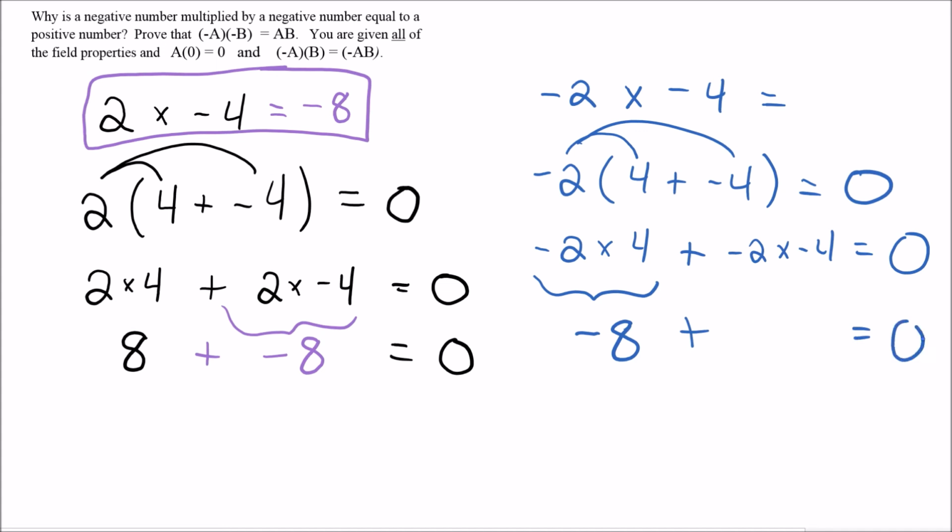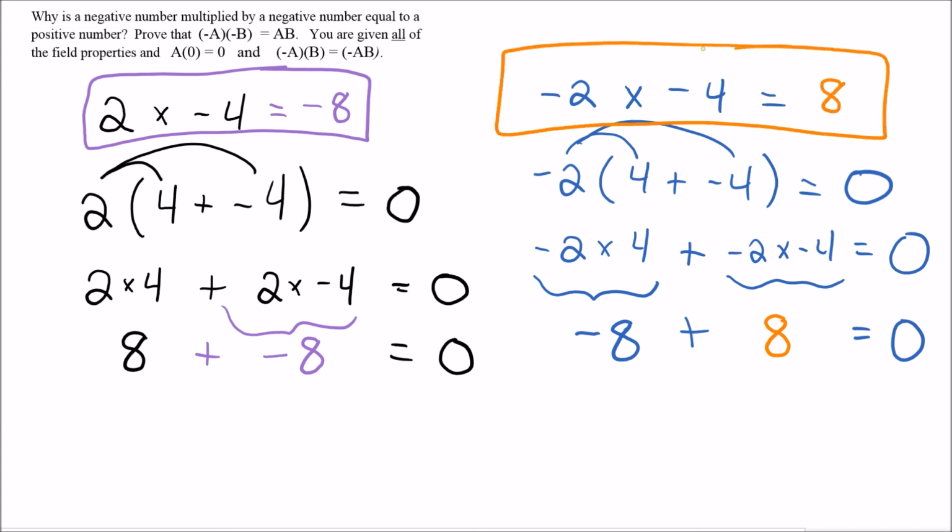Plus, whatever this comes out to be, has to be 0. Well, again, in order to be able to answer that, negative 8 plus blank has to equal 0. Well, the only way we can get that equal to 0 is if this is a positive number 8. So a negative times a negative has to be a positive.